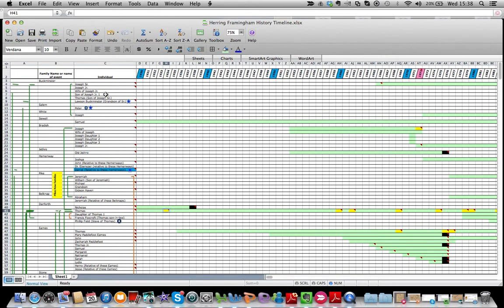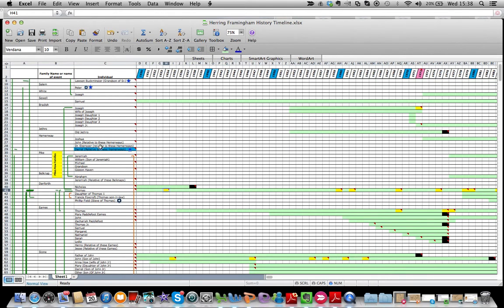This method really worked for me in that as I built families, these would be the family names here on the left, sometimes you didn't see that family name until 30 pages later with some descendant of the original. And so I would just insert a new line and add that person in there.